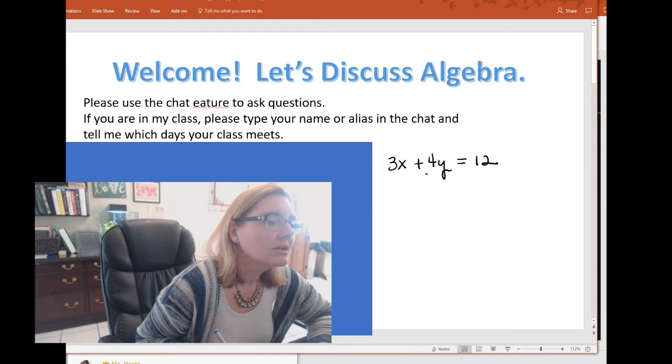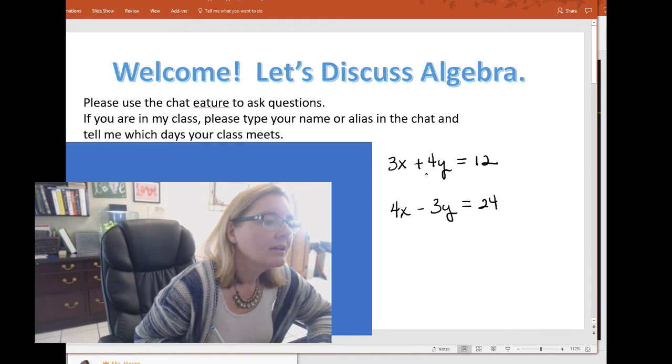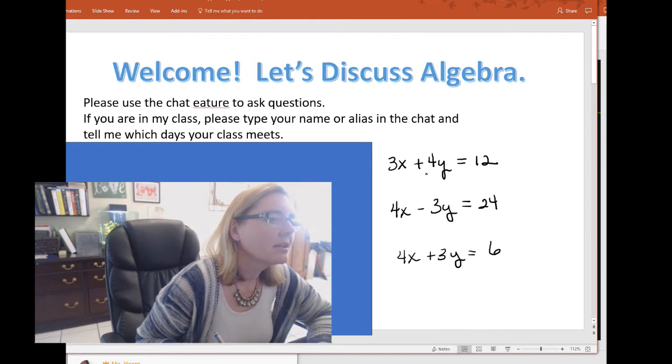We have the equation 4x minus 3y equals 24. And we have the equation 4x plus 3y equals 6. And let's determine if these are parallel, perpendicular, or neither.